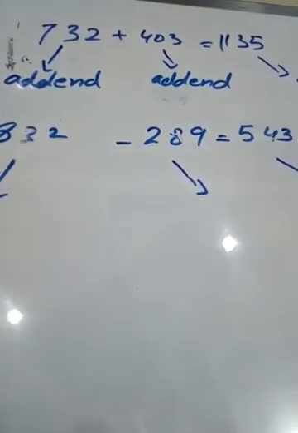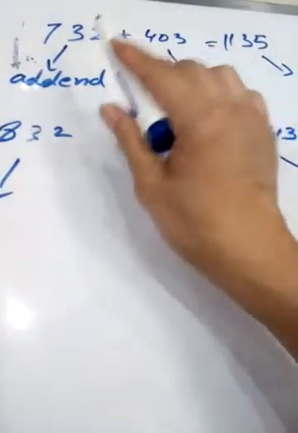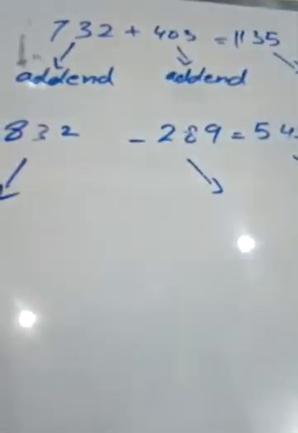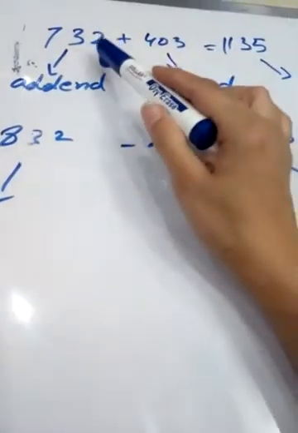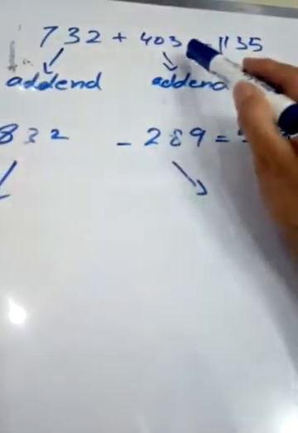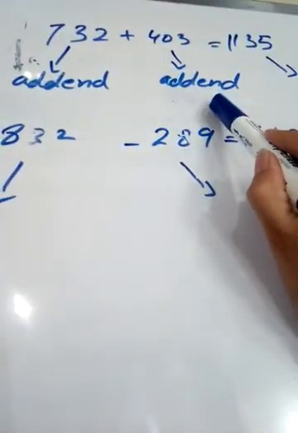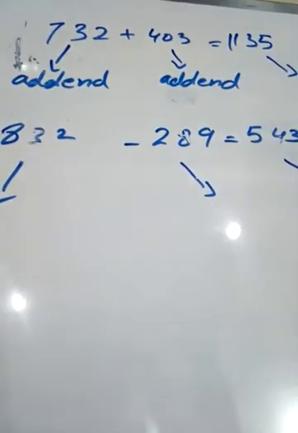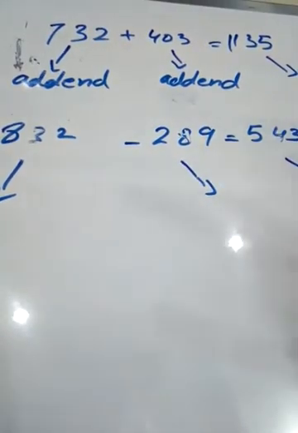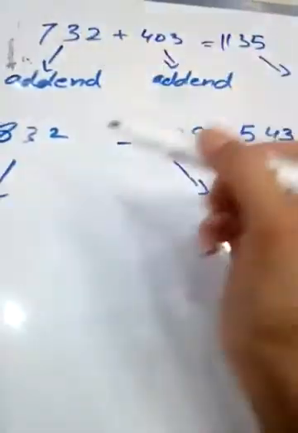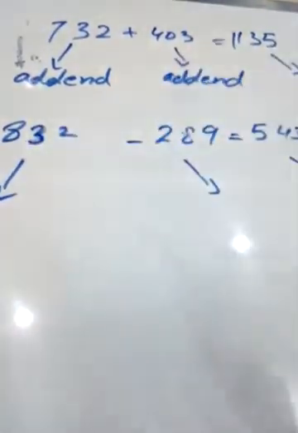In our addition sums, by adding two numbers, we find our answer, the sum. The first number is called addend, the second number is also called addend, and the answer is the sum. But in subtraction we have different names.